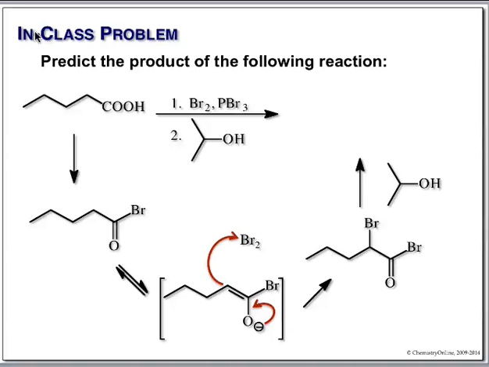In chapter 21, we did acyl transfer, didn't we? Here we have an acid bromide and an alcohol. The alcohol will attack the carbonyl. The strongest acid is going to be the halogen, that's HBr, versus 2-propanol. So this is going to be our leaving group, and we would make the alpha-bromo ester.